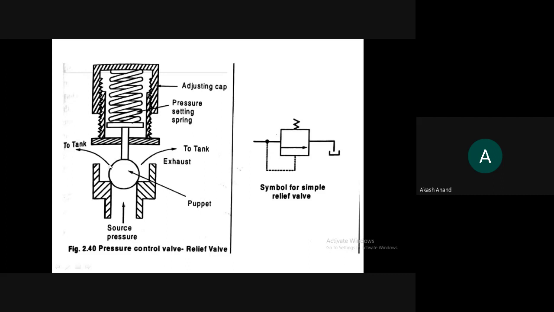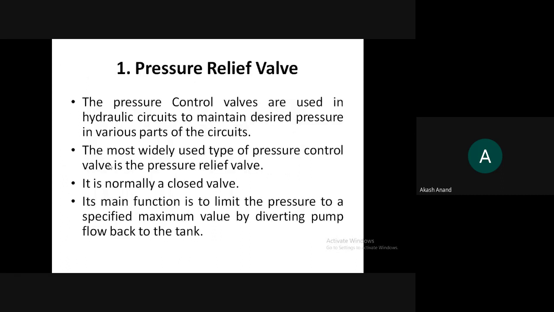So this is the first and most important type of pressure valve. It is called a pressure relief valve.